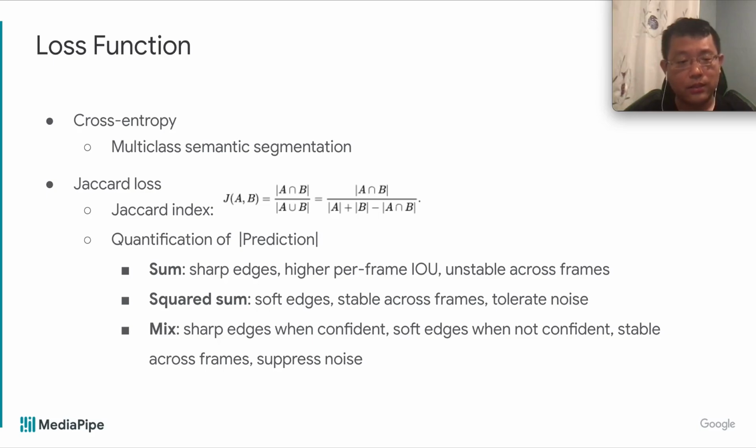It results in soft edges, lower per-frame IOU, but more stable across frames. The problem there is it tolerates noise too much, such that the output mask is not clean. We found the mixture of the two quantifications can be stable across frames while suppressing the noise.